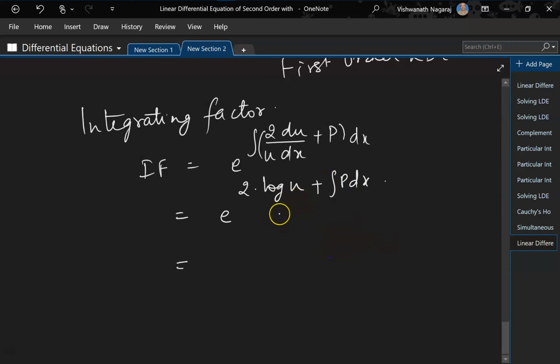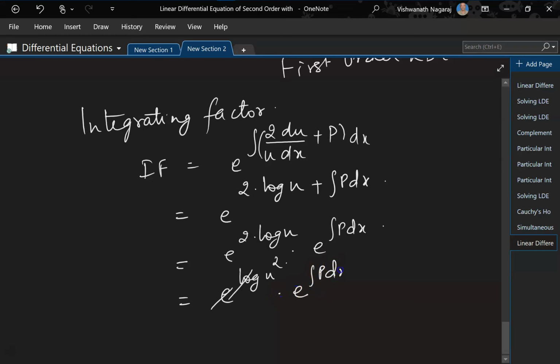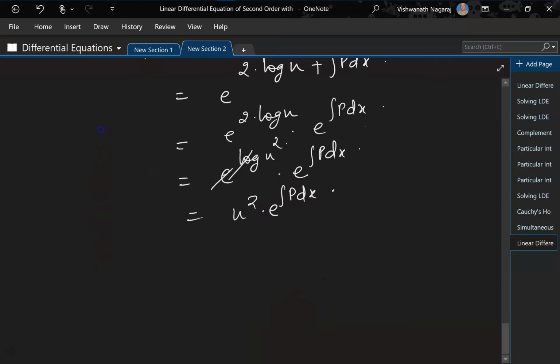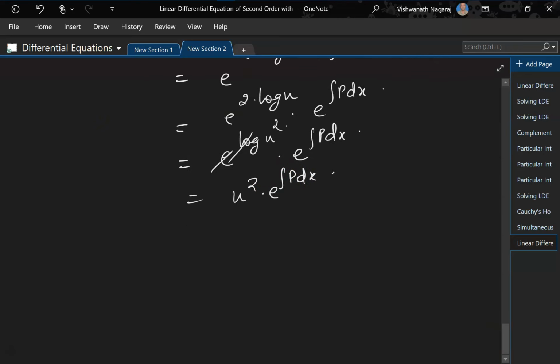Now using the laws of exponents we can split it up into e to the power of 2 log u times e to the power of integral of p dx. This can be written as e to the power of log u square, e and log get cancelled, times e to the power of integral of p dx, which means u square e to the power of integral of p dx, right? So that is the integrating factor.